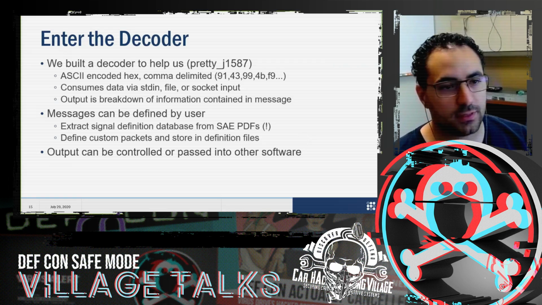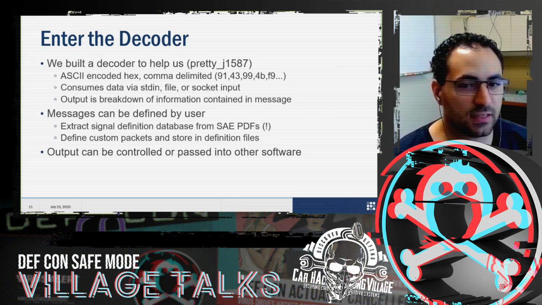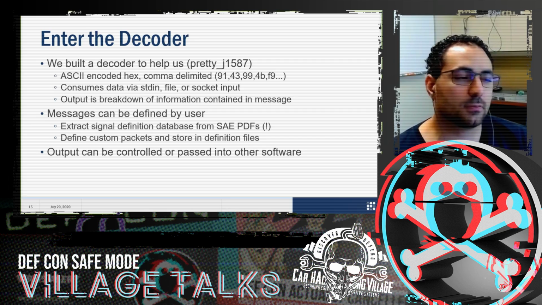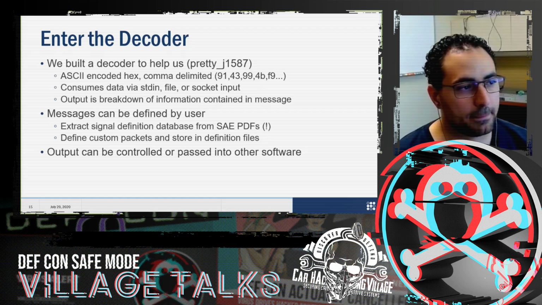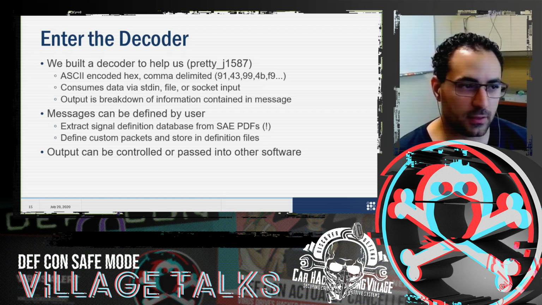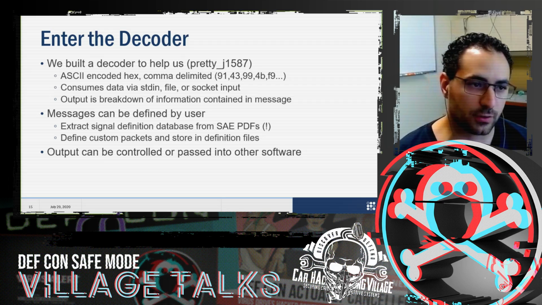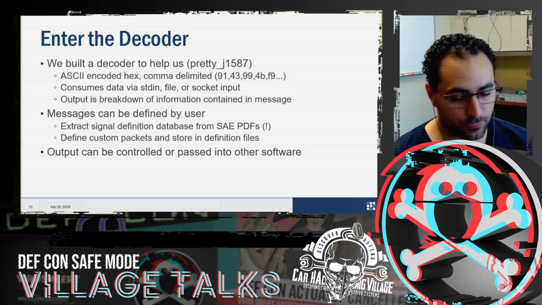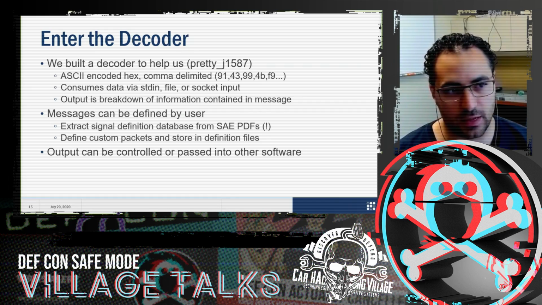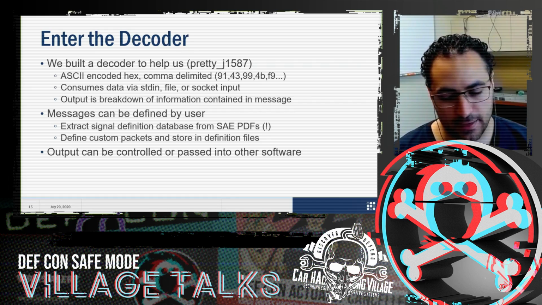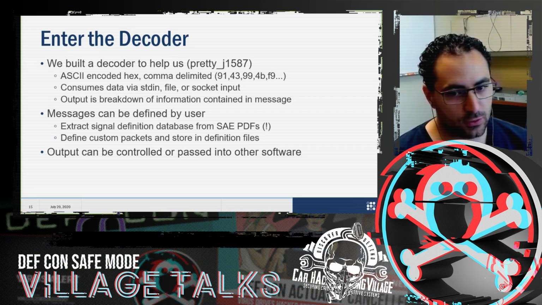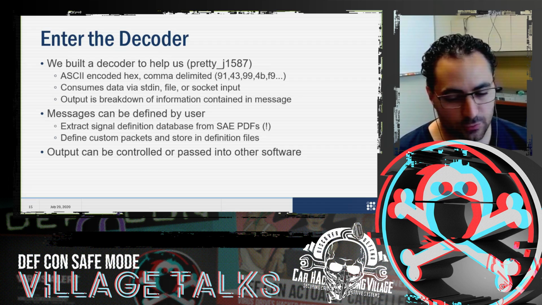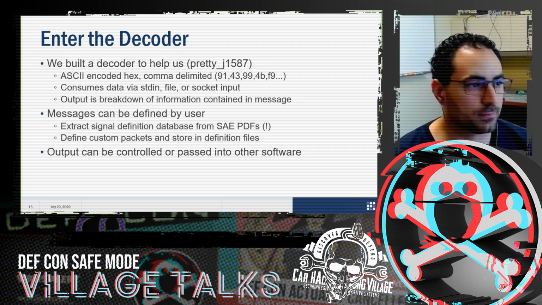So our solution is pretty J1587. This is a decoder that helps with at least part of the problem. By default, this takes in hexadecimal bytes, which are comma delimited, but really it can take in a stream of any bytes, and a user can define how to manipulate that data to be parsed correctly by the decoder.